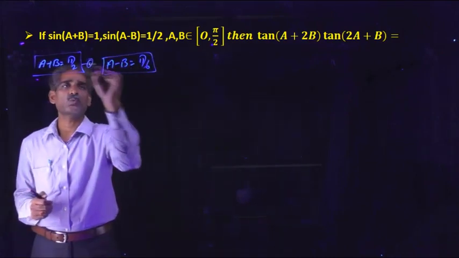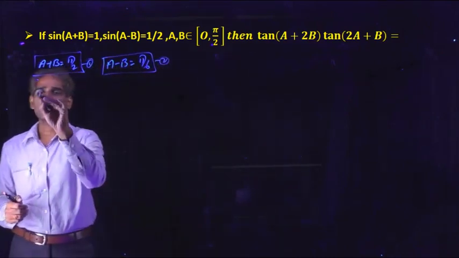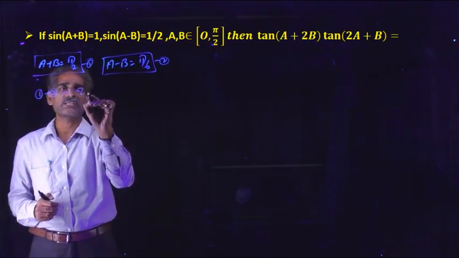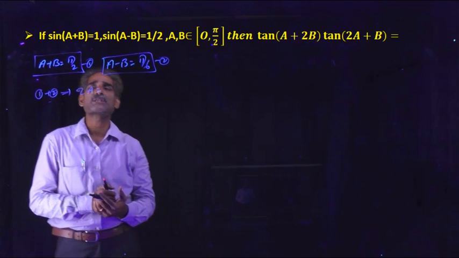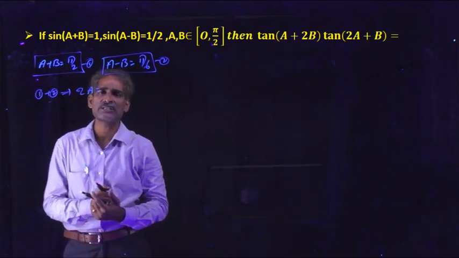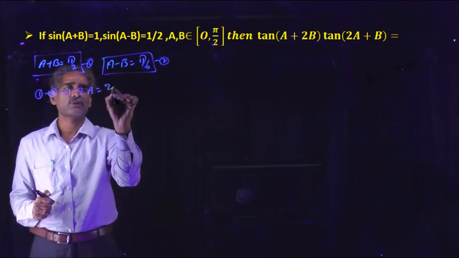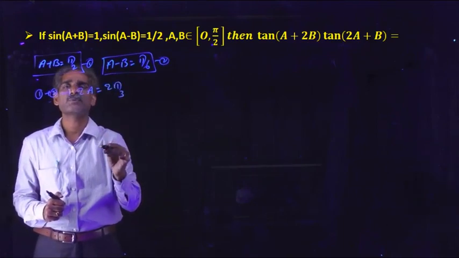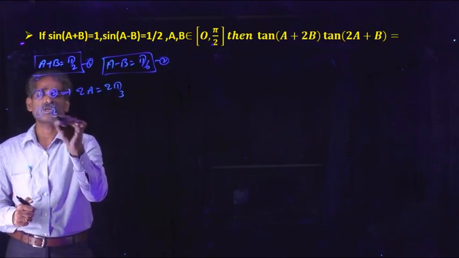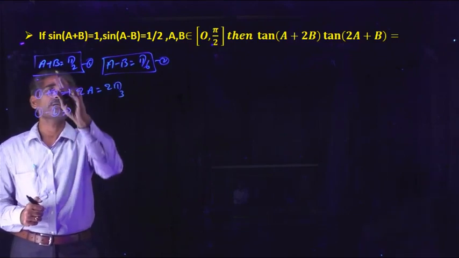Adding 1 and 2 gives 2a is equal to pi by 2 plus pi by 6. 90 plus 30 is 120 degrees, 2 pi by 3. Okay. Now similarly take a plus b minus a minus b.